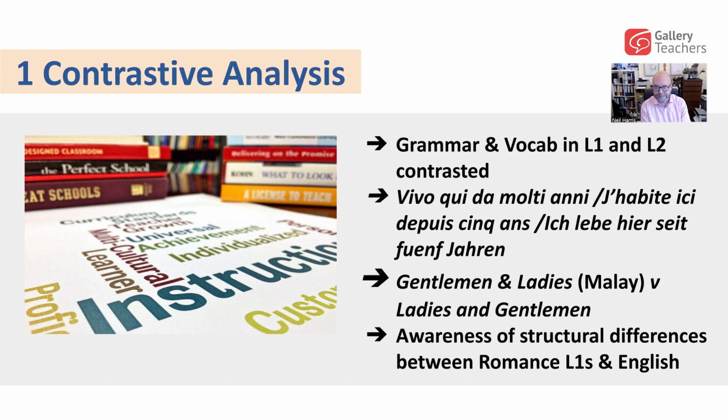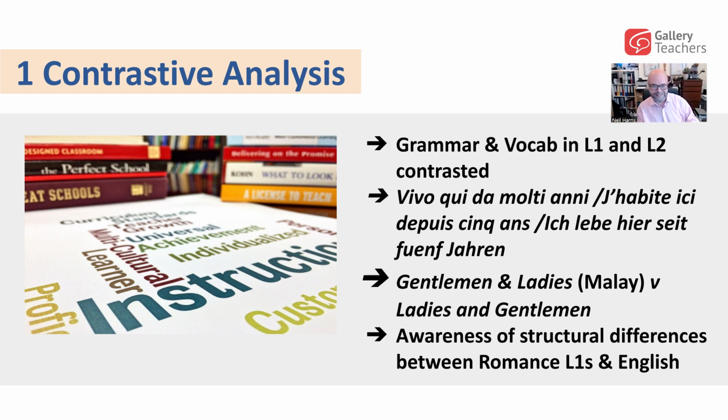Vivo qui da molti anni. J'habite ici depuis 5 ans. Ich lebe hier seit 5 Jahren. All those European languages use this present form, where English uses the present perfect. And that's useful to notice, I think. At a vocabulary level, Malay students might expect to say and to hear at the beginning of a speech, gentlemen and ladies, because that's what Malay does.